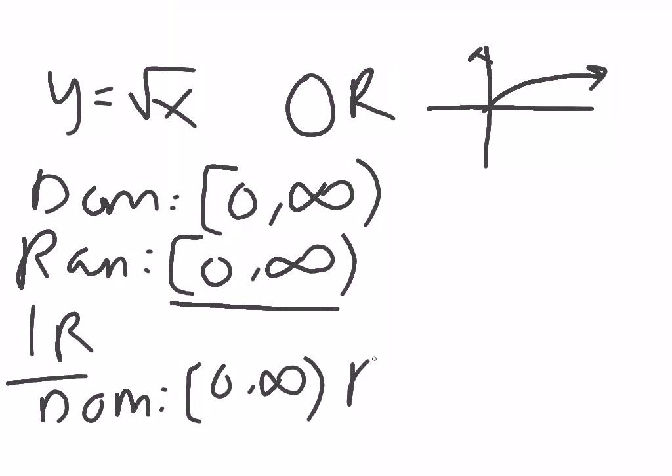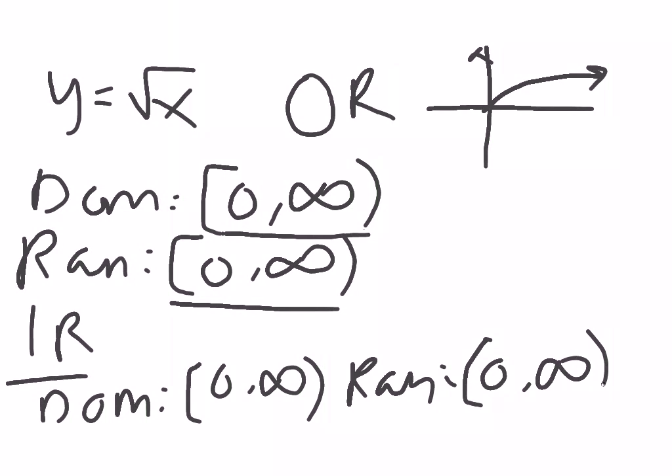And my range becomes the domain of the original relation. So that's 0 to infinity. Okay. That's easy because, the reason why I say it's easy is because these guys are the same thing. So, let's solve for our inverse relation.